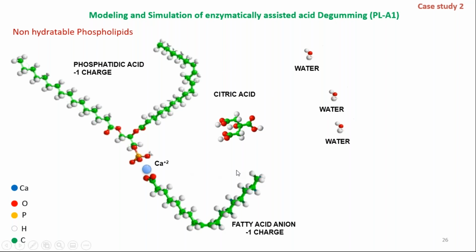We can also use phosphoric acid, but typically in enzymatic degumming we use citric acid. Since citric acid is a stronger acid than the fatty acids, it allows us to release the calcium cation from the free fatty acid.